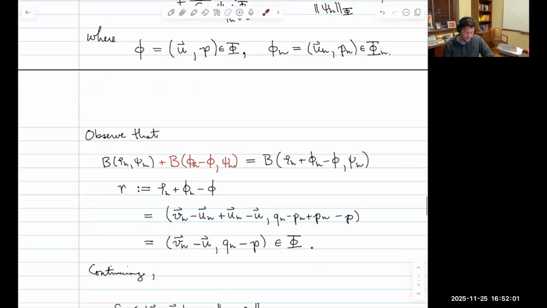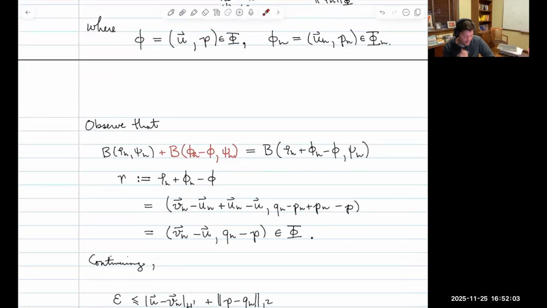What is that term? Let's give it a name. Let's call that R. It's not from the finite dimensional space capital phi h. It's from the infinite dimensional counterpart capital phi. All right, so how do you add stuff together from that space? It's the way I always do it when I make a product space. I have to add the velocities together, and then I have to add the pressures together separately for all these three variables. If I go back and look at the definition of this guy, what was it?